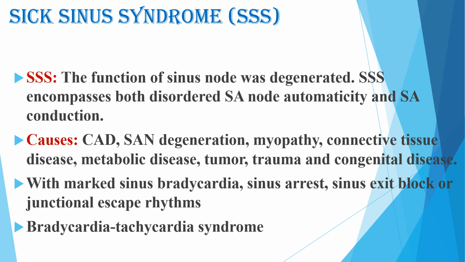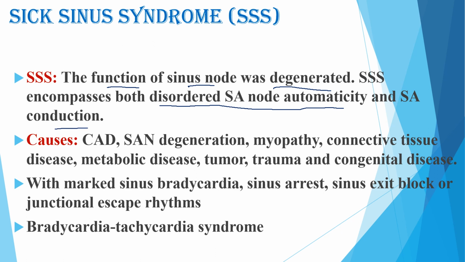Then the third sinus arrhythmia is sick sinus syndrome, otherwise triple S, in which the function of the sinus node has degenerated. Sick sinus syndrome encompasses both disordered SA node automaticity and SA node conduction.